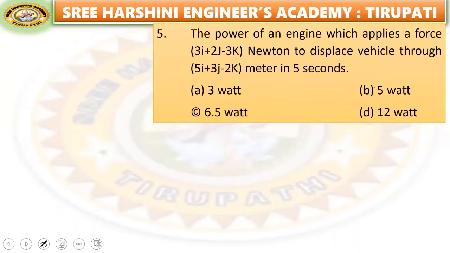Next, the power of an engine which applies a force 3i plus 2j minus 3k newtons to displace a vehicle through 5i plus 3j minus 2k meters in 5 seconds. Here we need to calculate the power of the engine. The force is given in newtons, the displacement in meters, and the time is also given.